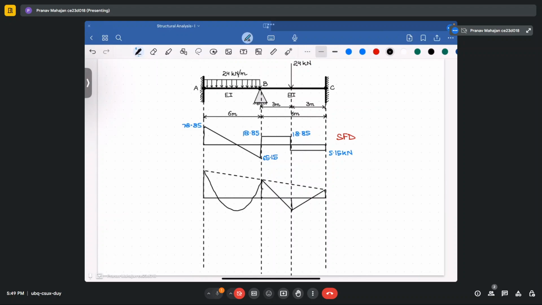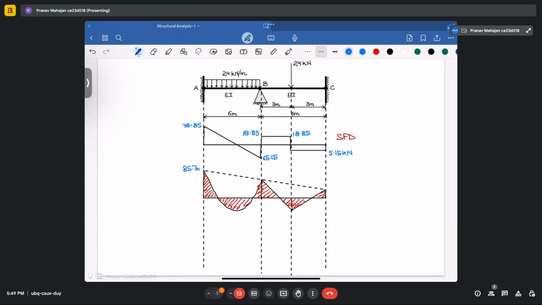Okay. So this is your bending moment diagram. And what are the values you have obtained? So the values here are 85.7.